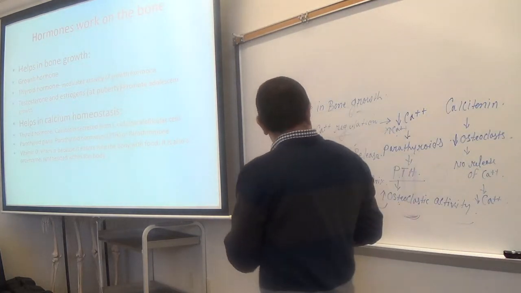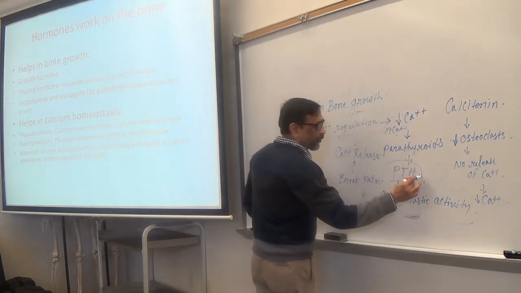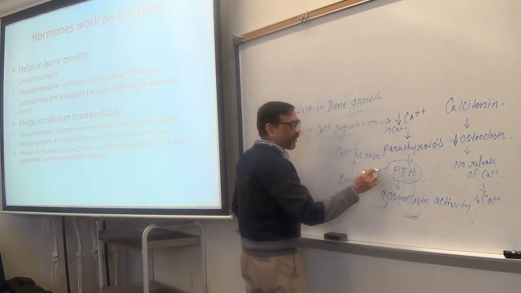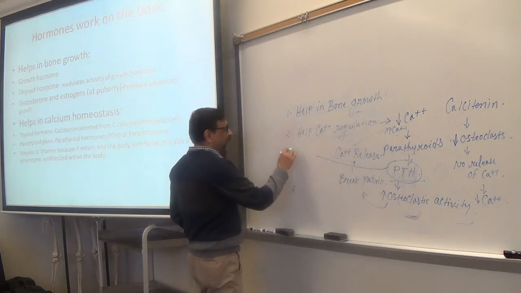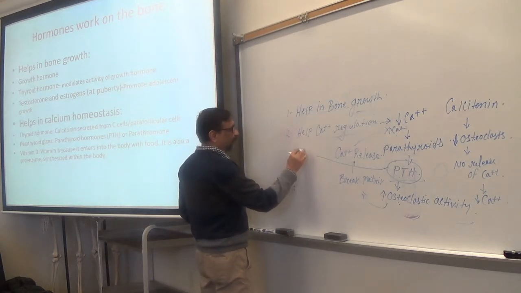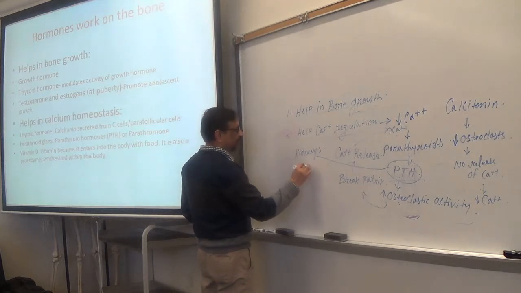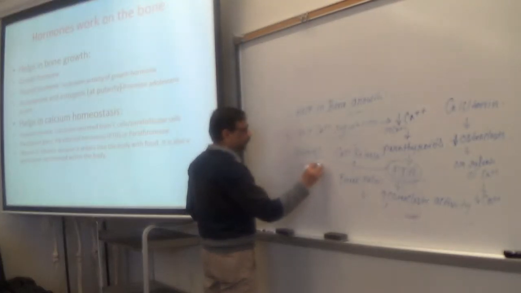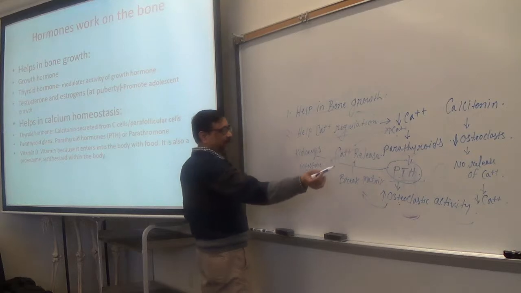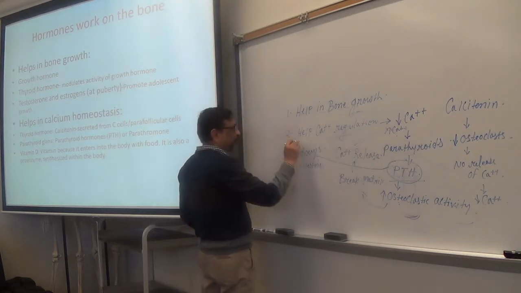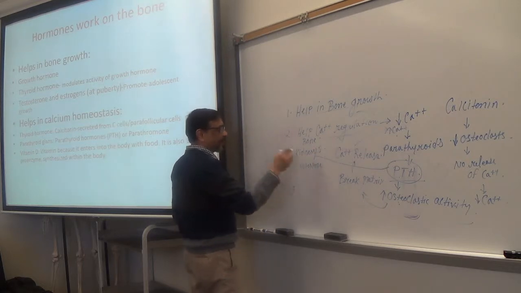Parathyroid hormone, this one, also works on two other organs, kidneys and intestine. So basically it works on the osteoclasts of bones, but it also works on kidneys and intestine.